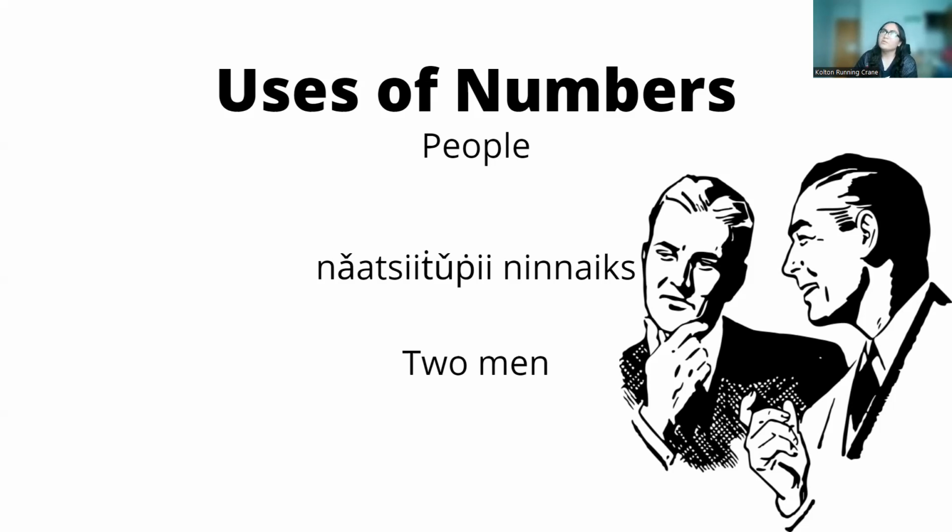Not that natuka ninnakes is improper, it's just that you can get away with it, and it's not how Blackfeet normally works. Because if you just say natuka ninnakes, then you're kind of speaking Blackfeet like you would speak English.